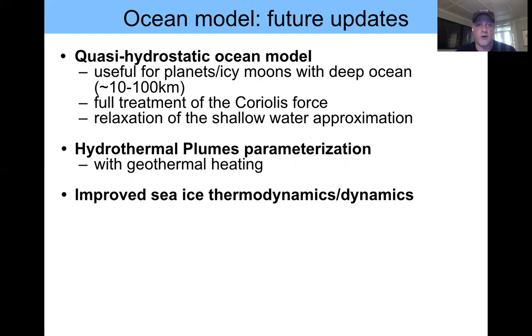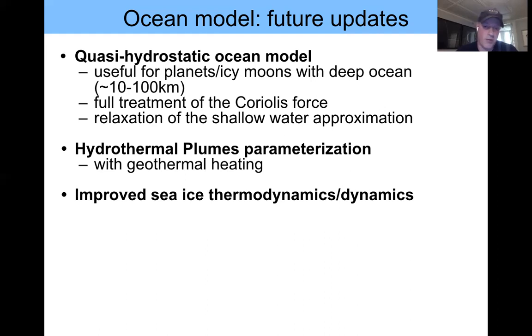But when you want to model deep ocean, and by deep ocean we mean ocean depth on the order of 10 to 100 kilometers deep, I remind you that on Earth, the ocean is on average between 3 and 4 kilometers deep. And so a quasi-hydrostatic ocean model entails both a full treatment of the Coriolis force, which is not present in a hydrostatic ocean model, and a relaxation of the shallow water approximation.